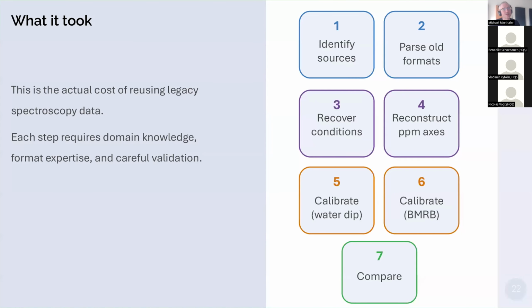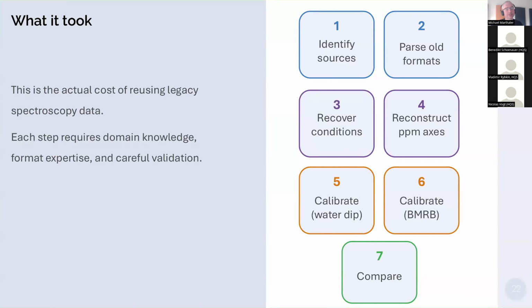So just to walk you through this case: if we use legacy data, you have to identify where it comes from and parse the old formats, very funny in that case, having to look through old Varian data. Of course, look at the conditions. The reconstruction of the ppm axis can be surprisingly complicated.